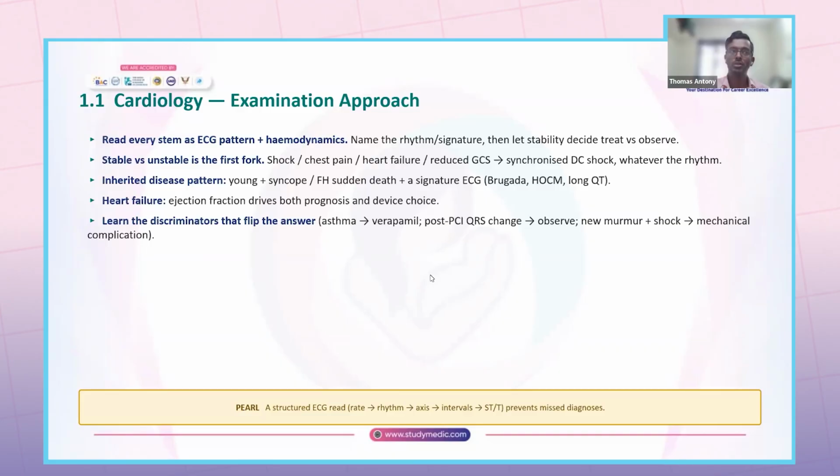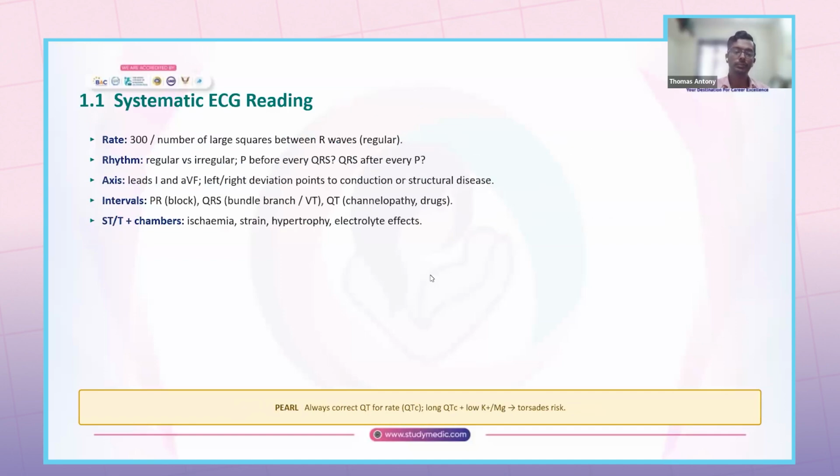Now, what is the drug of choice? We have adenosine, but somewhere in between the paragraph, they would mention a previous history of asthma. That is where things change. Post PCI, QRS change, where you need to observe a new murmur plus shock, it could be a mechanical complication. We will go through this in a little more detail.